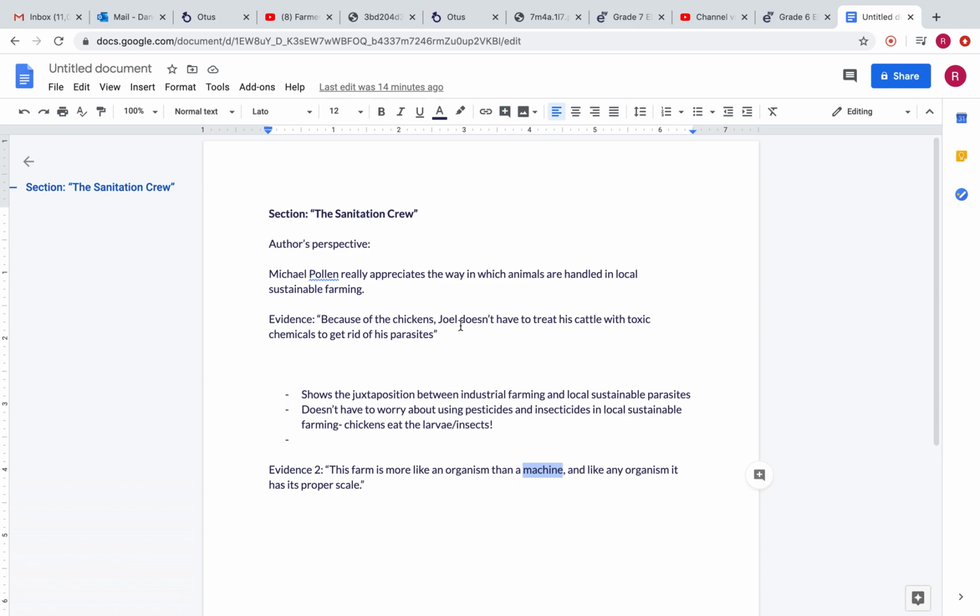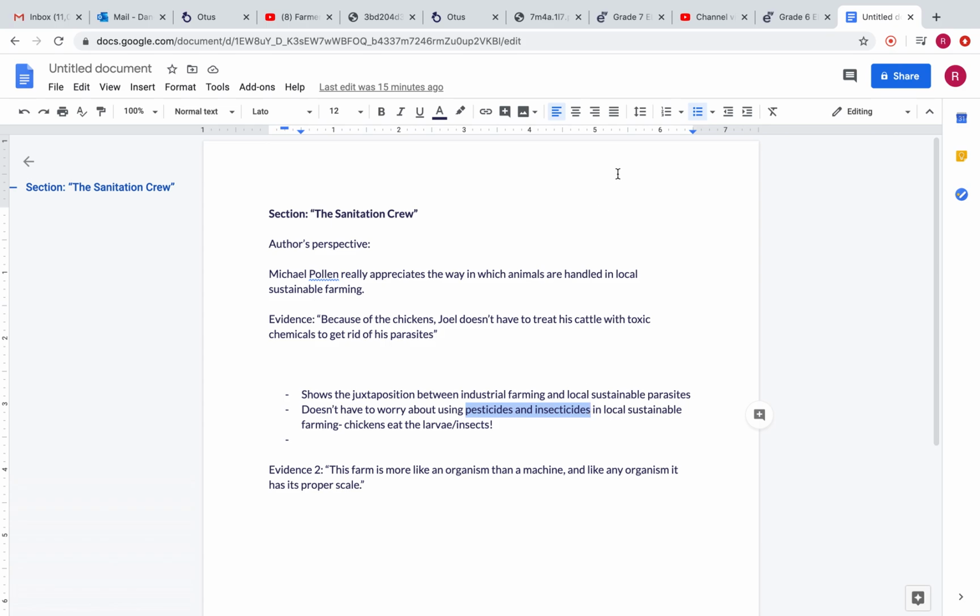He simply lets his animals do the work, as long as he keeps everything in balance. And he doesn't have to do anything that's going to ruin nature or jeopardize our health in any way, right? The chickens themselves will eat the larvae or the insects. So in that sense, he doesn't have to worry about using pesticides and insecticides.